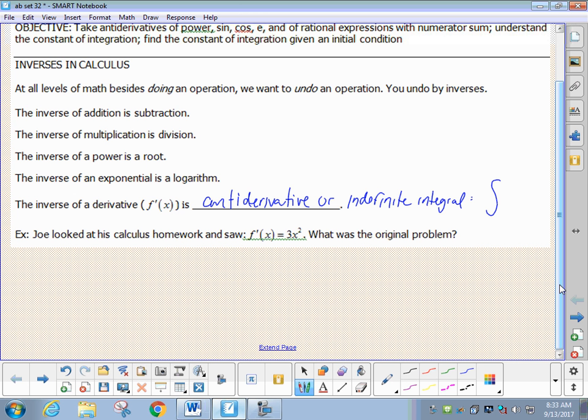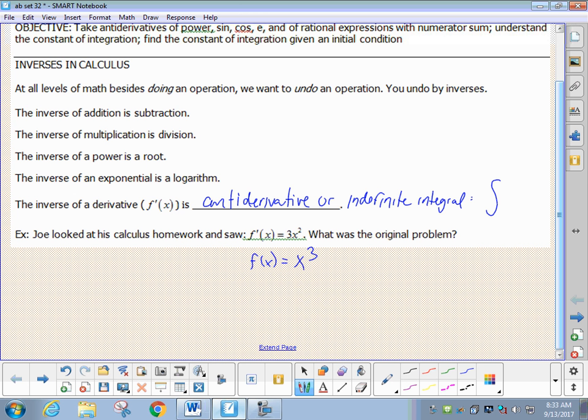Consider this then a way to look at this. Say Joe was looking at his calculus homework. He didn't have his book open, and he saw that in box whatever, the derivative of f is 3x squared. What was the original problem? It was probably f of x was x cubed, okay? And you're probably right. That would give me a derivative of 3x squared.